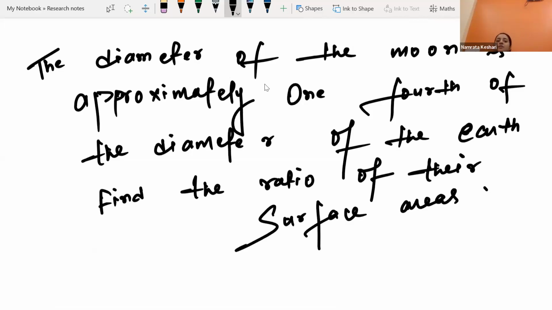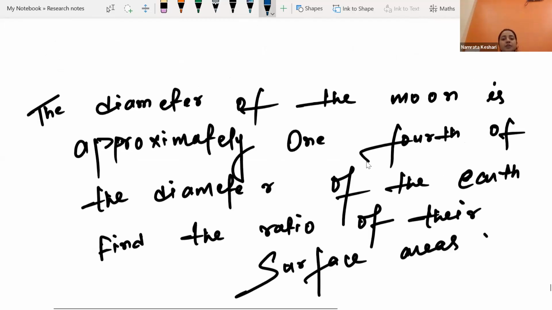Okay. Here in the question, no other data is given. Here we only know that the diameter of the moon is approximately 1/4 of the diameter of the earth. Moon's diameter is 1/4 the diameter of earth.